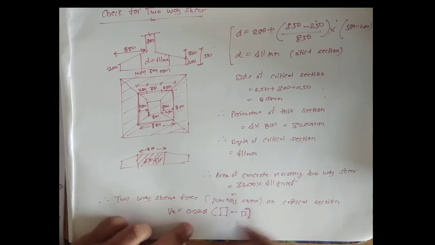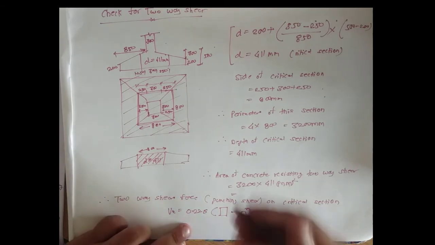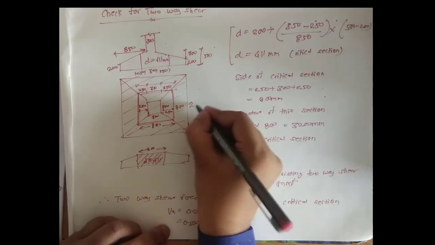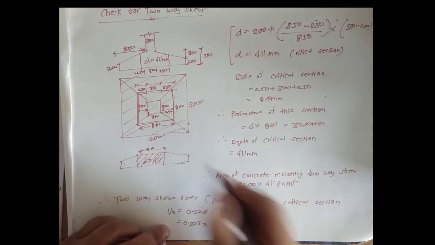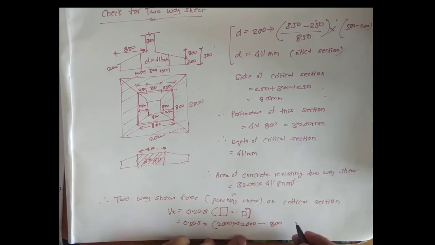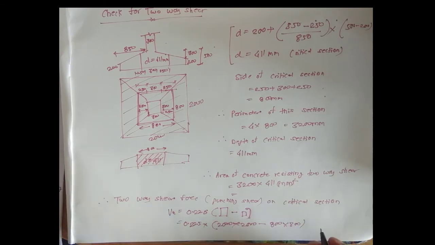I'm just writing symbolically, not supposed to write this in the exam, but for the point of understanding I'm writing this. So 0.225 into (2000 mm into 2000 mm minus 800 by 800).